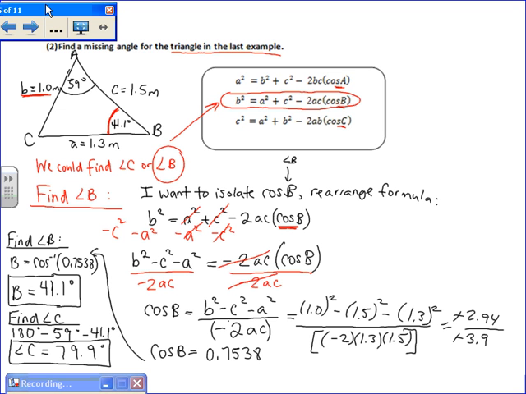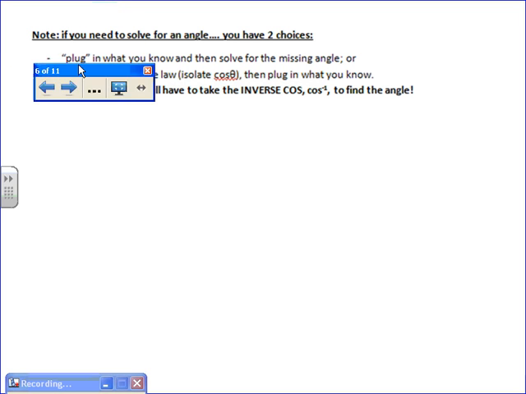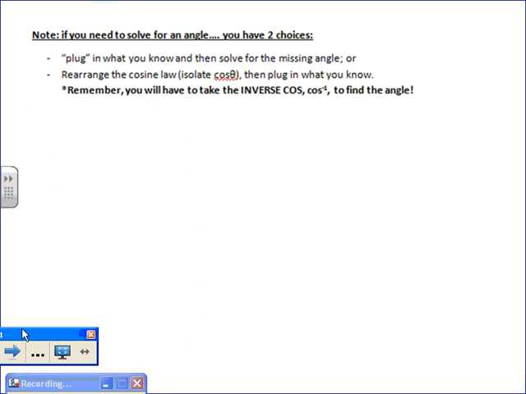Great. Let's do one more example with finding an angle, particularly with the triangle that is not labeled ABC. So I've got a note here in your notes that says, if you need to solve for an angle, there's two choices that you have with cosine law.